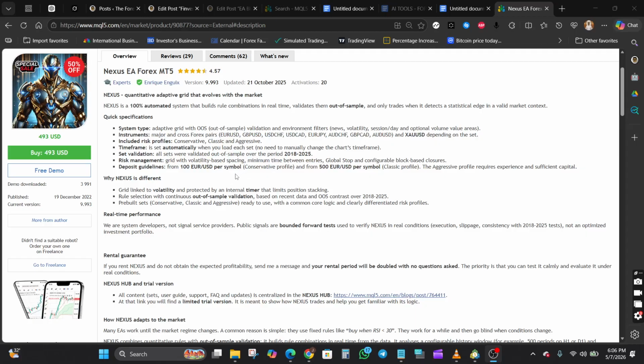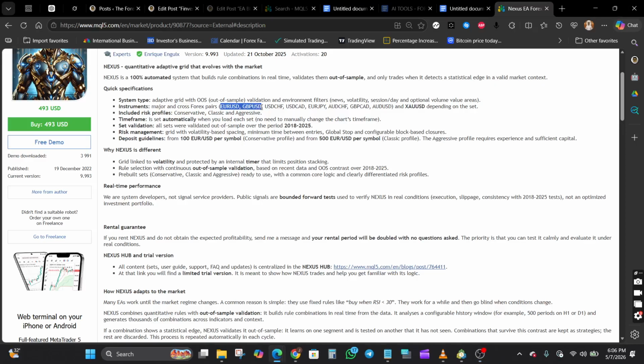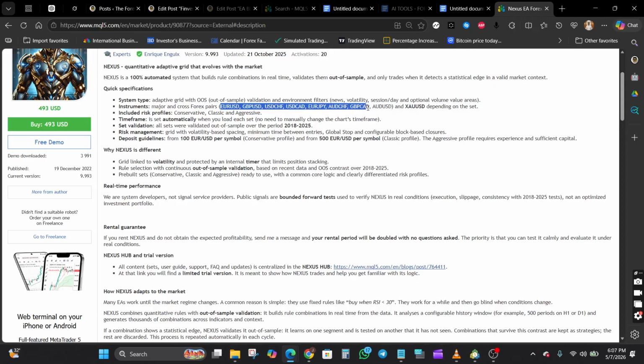According to the documentation, Nexus is designed for multiple forex pairs, including the EUR/USD, GBP/USD, USD/CHF, USD/CAD, EUR/JPY, AUD/CHF, GBP/CAD, AUD/USD, and even XAU/USD, depending on the selected set file.